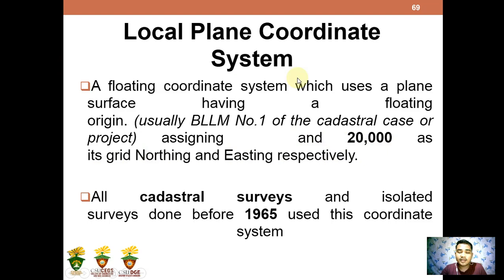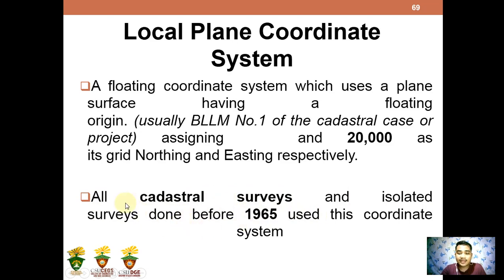That is how it was done in the early days, before the PRS. One point becomes the origin, with coordinates of 20,000 for northings and 20,000 for eastings. In this coordinate system, all cadastral surveys and isolated surveys were done before 1965.